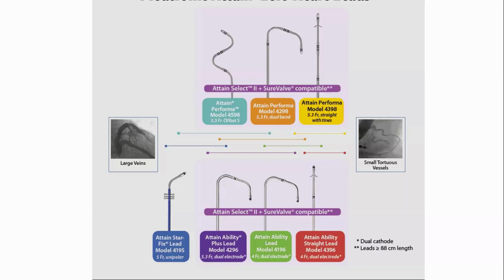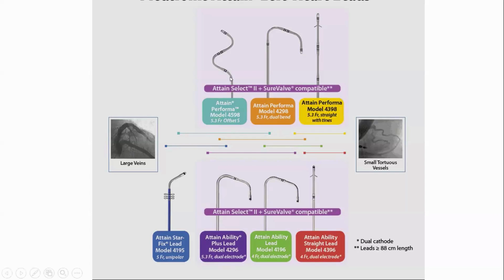What helps you decide is how large the vein is and how tortuous the vein is. If you have a large vein, the problem is stability. A large vein is easy to get into, but your catheter will not stay there, and often it will prolapse out. In that case, you want a catheter which has a very stable shape.